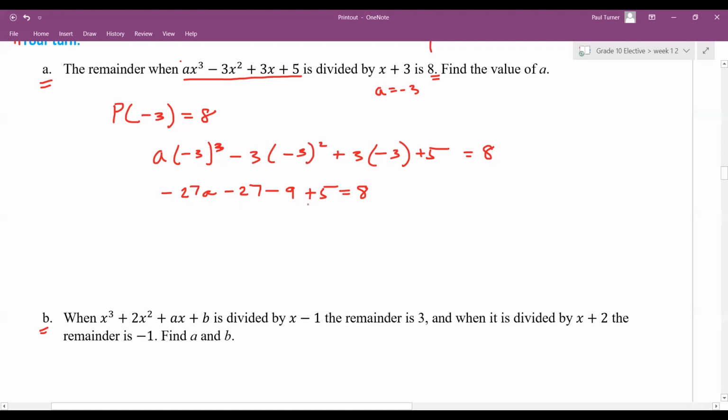Okay, so these numbers you need to put to the other side. So you're going to have 27 plus 9 minus 5 plus 8, which is on that side already. So -27a equals, 9 minus 5 is 4. So that's 27 plus 4 plus 8. You're going to get 39 here, you see, 39.